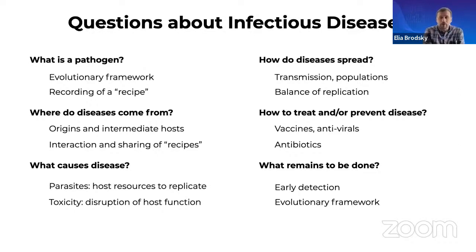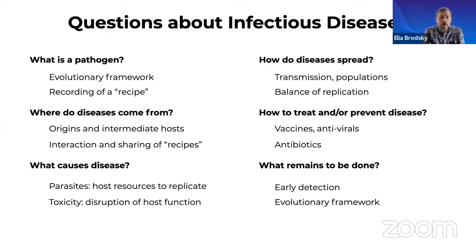Then we'll talk about how to treat or prevent disease, and we'll talk about how novel advances are examples of bioinformatics in part because understanding the particular situations where vaccines can be more adapted to the specifics of the pathogen, and maybe novel antivirals could be designed based on our understanding of the interaction between the host and the pathogen, can lead to novel ways to treat disease.